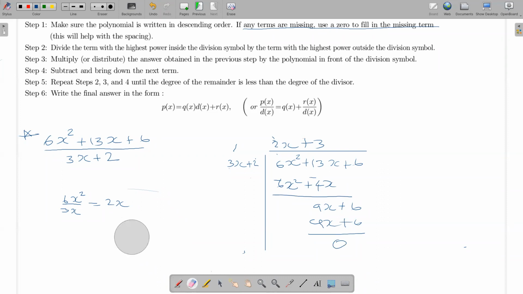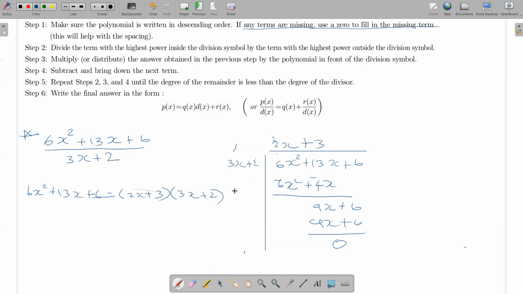So I can write it now: 6x squared plus 13x plus 6 equals 3x plus 2 times, this is the quotient, 2x plus 3.